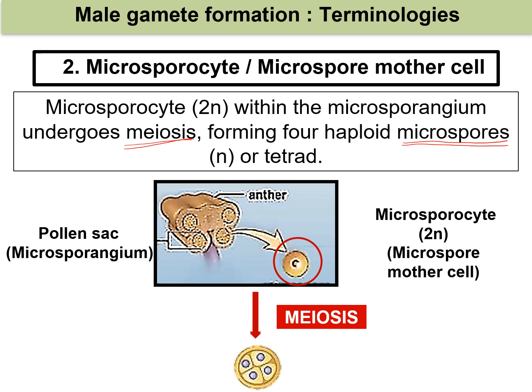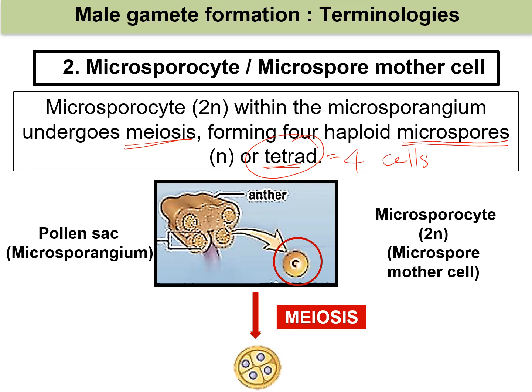Microsporocyte, let me repeat. Microsporocyte is the diploid cell in the microsporangium. It will undergo meiosis to form 4 haploid microspores, also known as tetrad. Tetrad, from the word tetra, means 4 cells. During cell division, we learned that tetrad refers to the 4 chromatids.